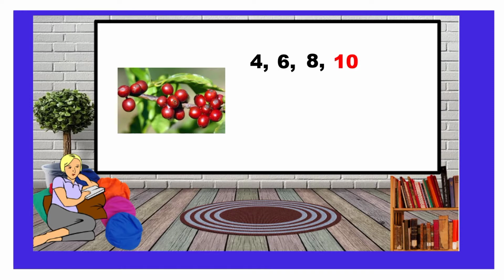It's 10. So what do you think is the general or the nth term of the sequence? My answer is 2 plus 2n. Why? You will answer that later as we go on through this episode.